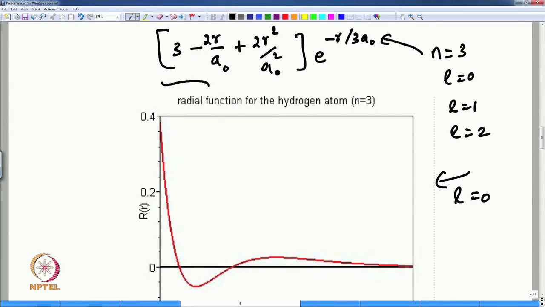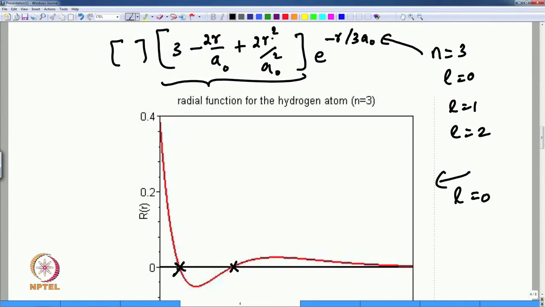The quadratic has 2 solutions, both of which are positive, and you can see that those 2 solutions are these. That is, the quadratic goes to 0 for these 2 values of r. If you factor this quadratic with the 2 roots, you can see that when r is 0, the function is positive, it is non-zero because of the 3 and the normalization factor in front of it, it is somewhere here.